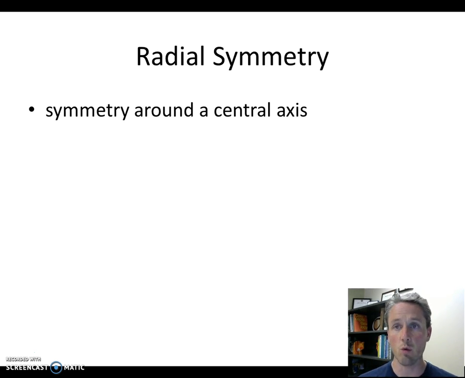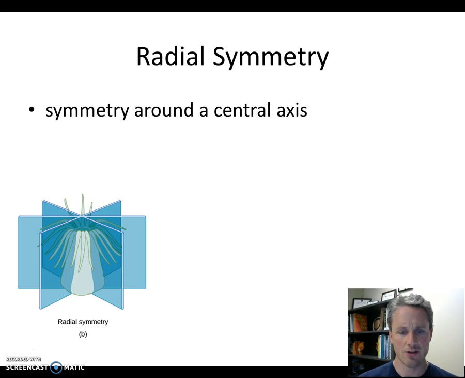So again, I'll think of a wheel. A wheel has an axis that it spins on. And if we draw a line through that central axis, the 2 halves of the wheel will always be mirror images of one another. So that's true for a number of organisms. Here's a cartoon of a sea anemone.